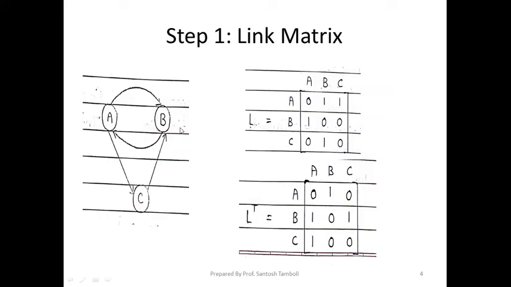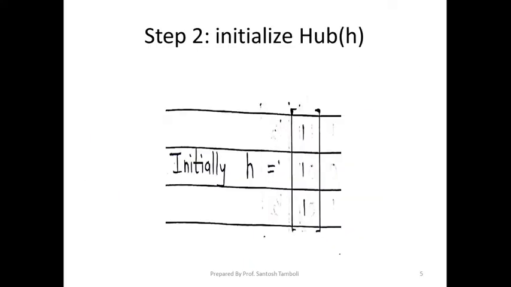Next, find the transpose of this link matrix. L transpose: 0 1 1 becomes the first column, 1 0 0 becomes the second column, and 0 1 0 becomes the third column. This is step number 1, the creation of the link matrix.